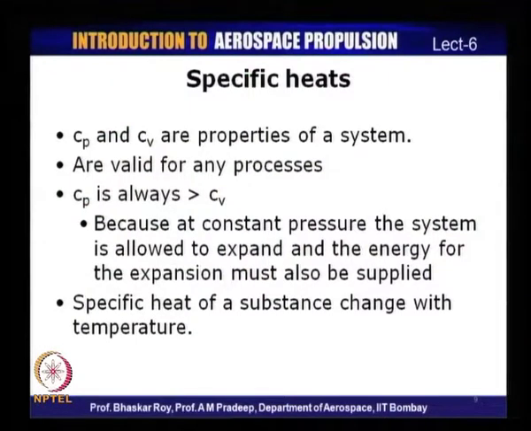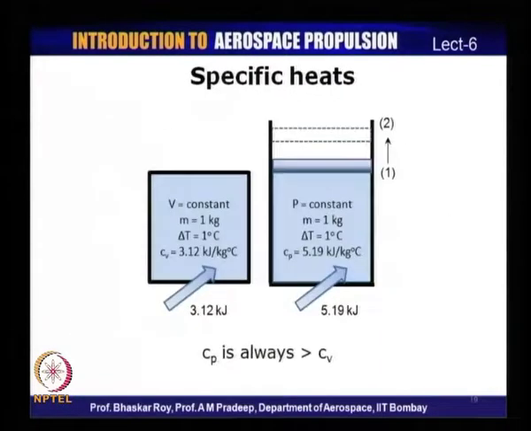If the volume were constant, there is no expansion or compression of the system, so the system does not require additional energy for expanding against the atmosphere. Because in a constant pressure process you will need additional energy to keep the pressure constant and allow the system to expand, C P is always greater than C V. And the specific heat of a substance will change with temperature, which will also be clear in one of the examples which I shall show a little later.